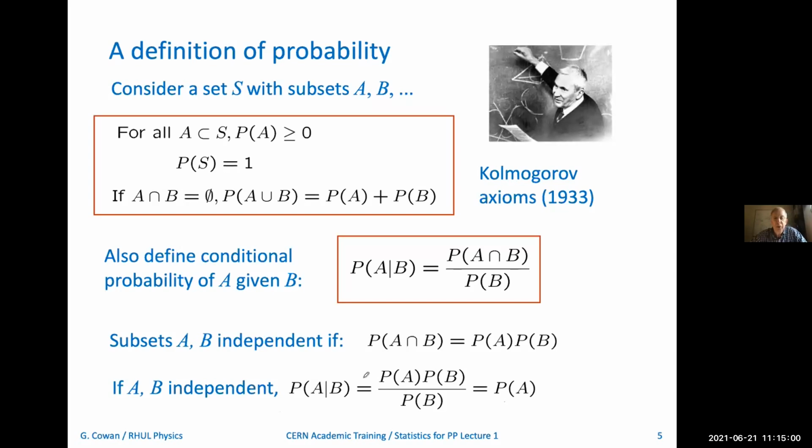Suppose two subsets A and B are independent, then imposing the condition of B and calculating P of A given B, in the numerator for P of A intersect B, you just have the product of the two probabilities, P of A, P of B. And so the P of B's would cancel and you would get P of A. So you can see that imposing the condition of B has no influence on the probability for A. And so that makes sense that we call them independent. All right, we'll make great use of that. Let's go on.